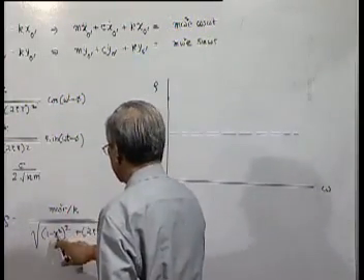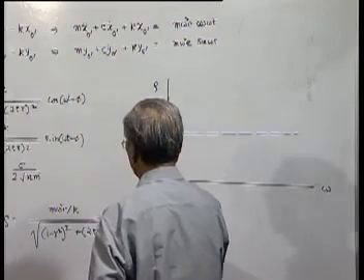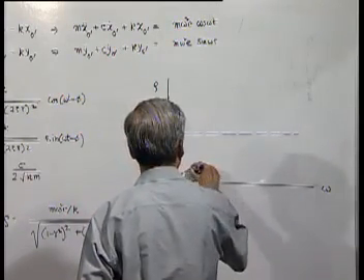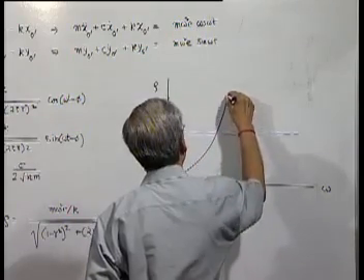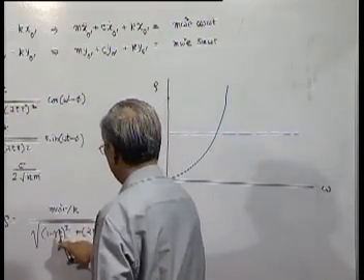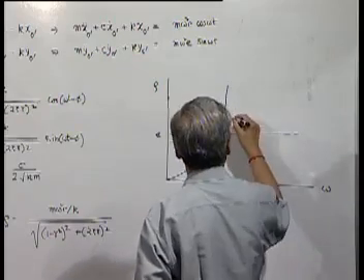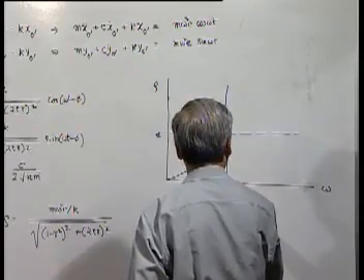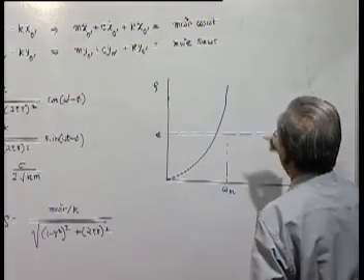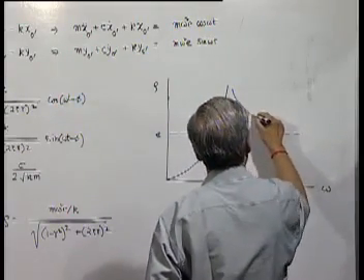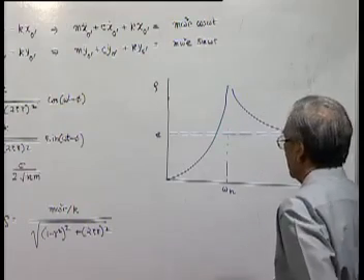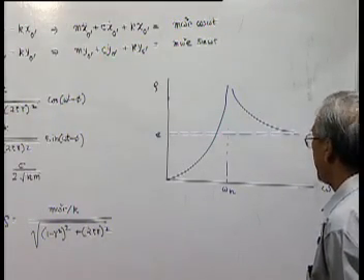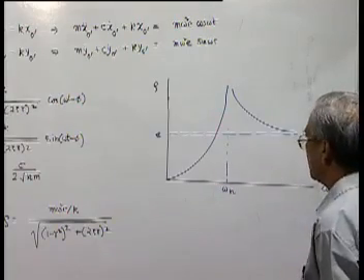So, it starts here because rho is 0 at omega equal to 0. Then it shoots up when r tends to 1, and then comes down and becomes E. Of course, it is the magnitude I am talking about.